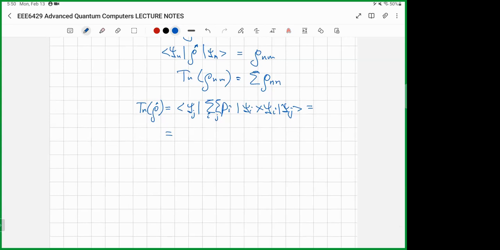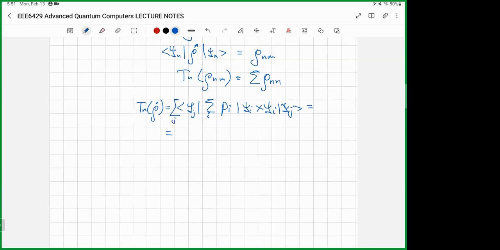of course this summation over j must be written here, like this. So this p_i is just a constant, right? The same I can rewrite in this form: the summation over i, the summation over j, and then p_i in the first place, and then here I have two inner products, <psi_j|psi_i> and <psi_i|psi_j>.